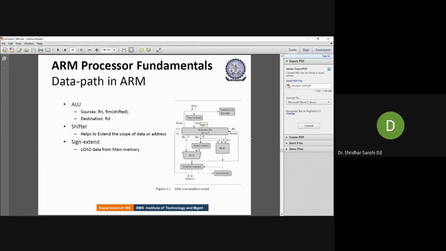If it is 8-bit or 16-bit, it will be converted to the appropriate 32-bit value and put into the register. If it is an instruction, then the instruction will be decoded so that the ALU can execute it. Correct. So this is how data comes to the register file.